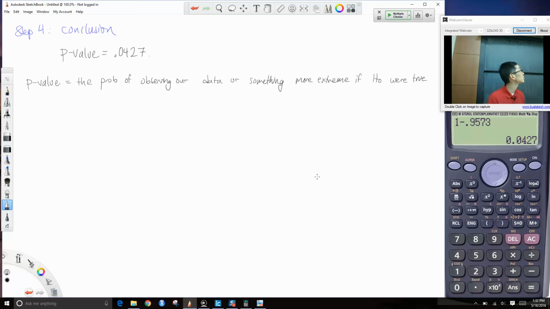So what this means is that if the tub were actually exactly 15% red M&Ms, then a random sample could produce a sample where 20% happen to be red.